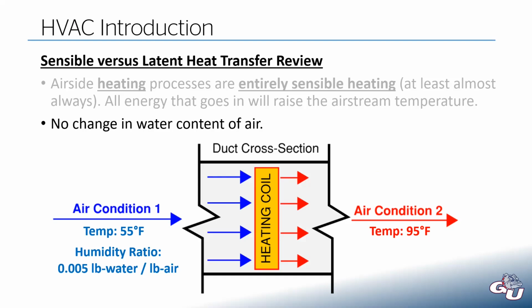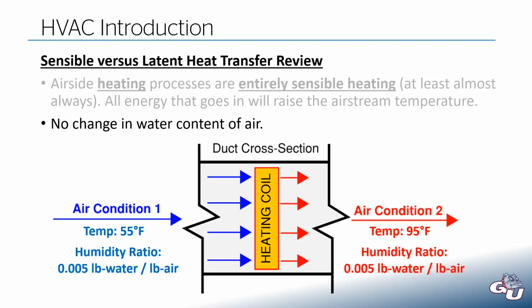Okay, so we got our air coming in, cold temperature with this water content. It hits a heating coil that's nice and hot, and then it leaves with the same water content that it entered in.